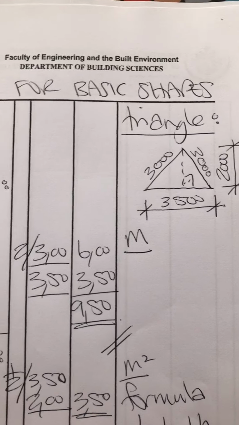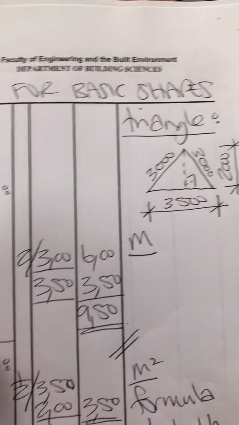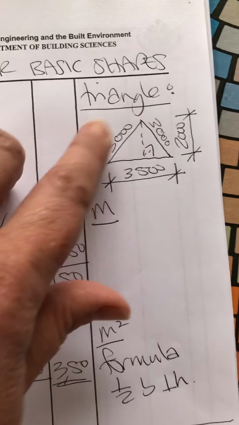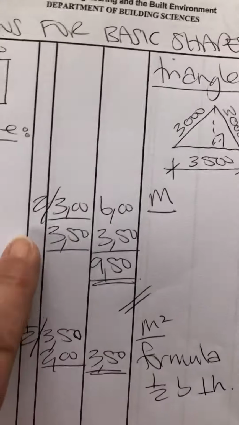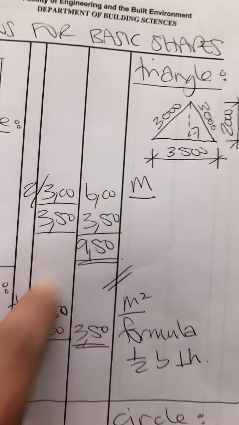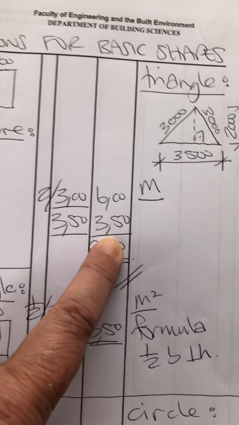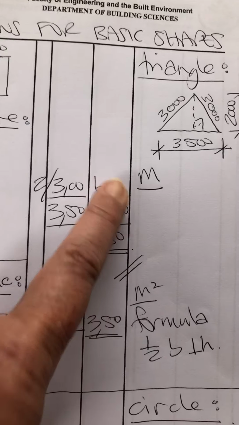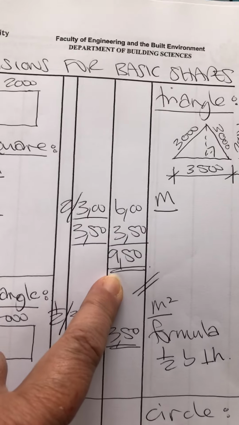So if I want to look at the length around the triangle, I'm going to have 2 times 3.00 for the slanted sloping sides, which equals 6.00, and one side of 3.5. 3.5 times 1 is still 3.5. If I add the 2 together, I will get 9.50.